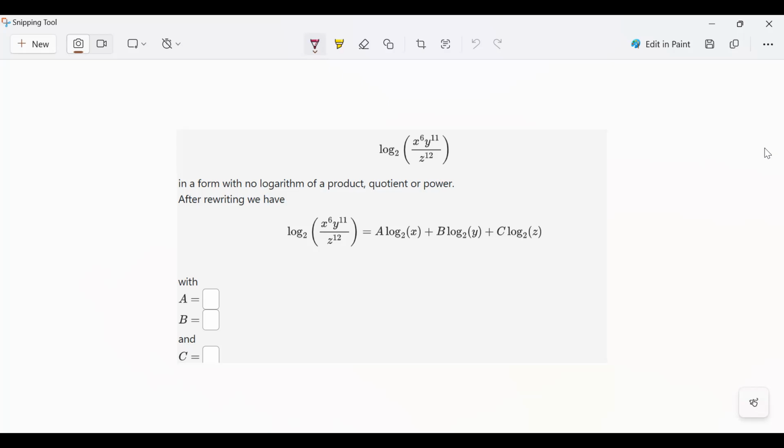Okay, so very quickly, this becomes 3 different terms: 2y to the 11th, and then division becomes subtraction of 2z to the 12th power.